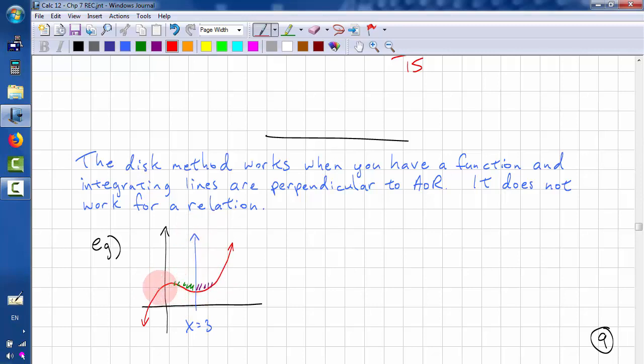And if we take this part and rotate it and take this part, we'd have intersecting discs. So it's ambiguous. And we can't solve. No intersection. No limits of integration.